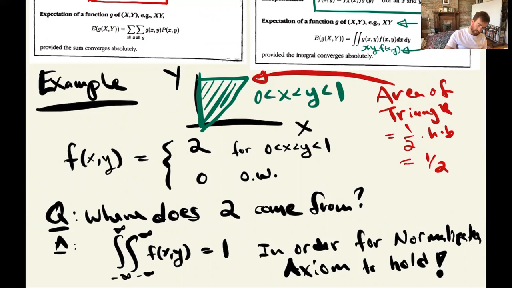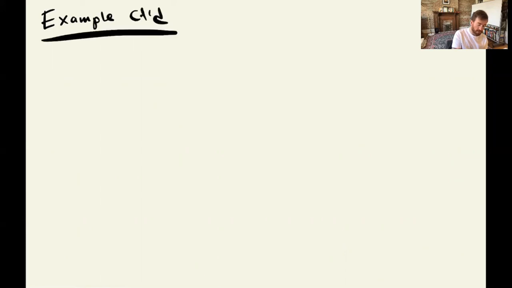All right, so let's do some follow-up calculations with this. Now, how can we marginalize? So, example continued: find the PDFs for x and y.